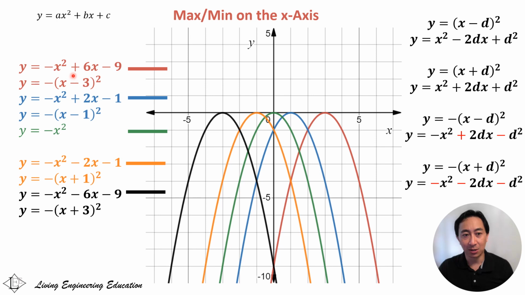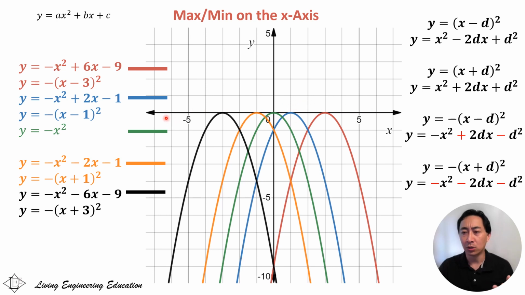And if you see something where the c value is like the square of a value that looks similar in the b term, then you might want to try to change it into this form to see if you can predict that there's a max or min on the x-axis.